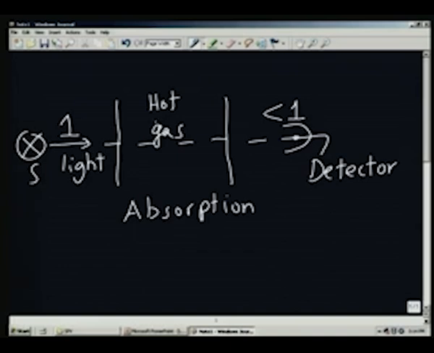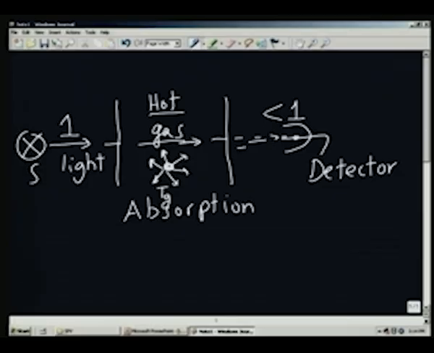Now, imagine that the gas is hot. So, the gas molecule, suppose you take a molecule here, it is also emitting in all directions because of the temperature Tg. The gas is at temperature Tg and it is emitting radiation, and therefore, some of the radiation which is going in this direction from the gas molecules within will also be coming here.